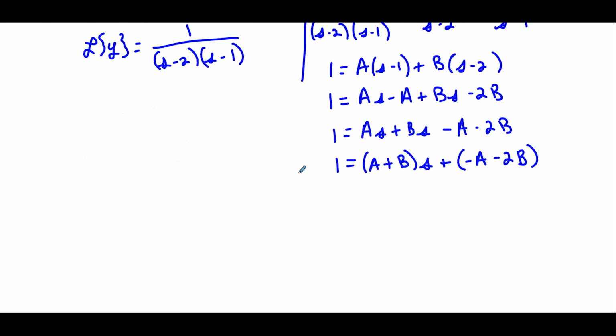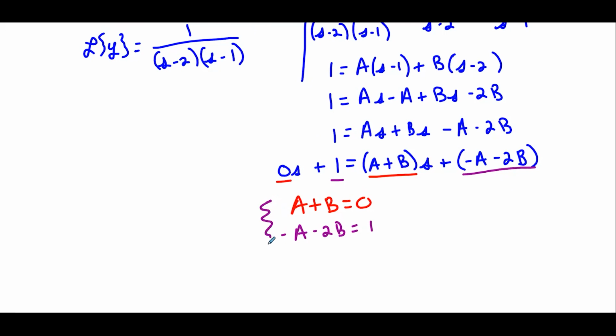So we're going to just compare both sides. So I don't have an s term on the left. So you can think of that as s having a coefficient of 0 on the left. Well, that means that A plus B has to be equal to that 0. So that'll be one equation in my system. And then the constant here is negative A minus 2B. Well, that's got to be equal to the constant on the left, which is 1. So negative A minus 2B has to be equal to 1.